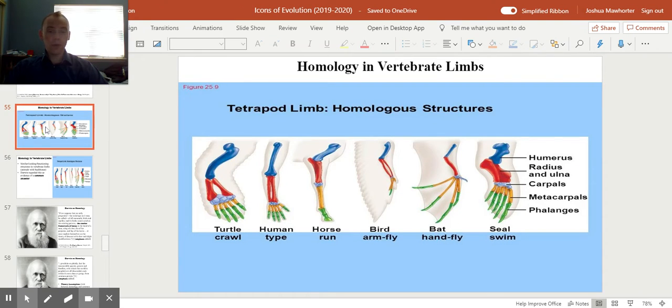Homology in vertebrate limbs. This is the next one in the series of icons of evolution. This is commonly used in textbooks as an empirical observation, which it is, of a true fact that can be observed in nature, but then used and extrapolated on as evidence for common descent.